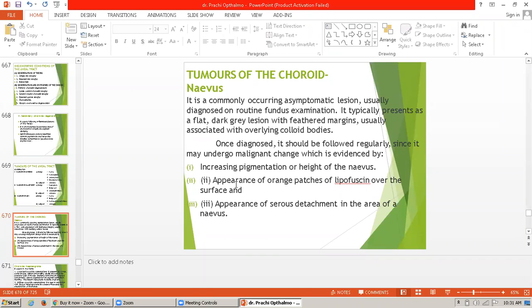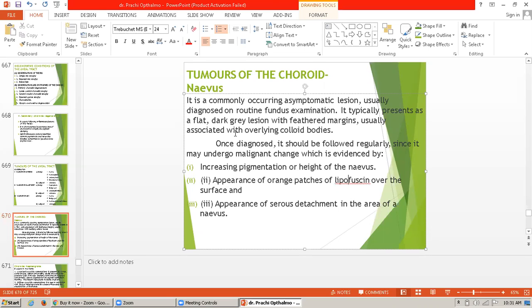which is evidenced by increasing pigmentation or height of the nevus, then appearance of orange patches of lipofuscin over the surface, and third, appearance of serous detachment in the area of the nevus.